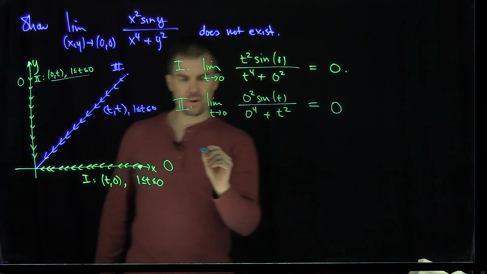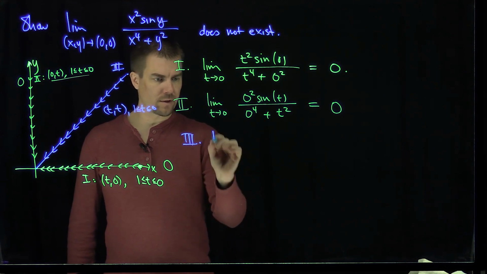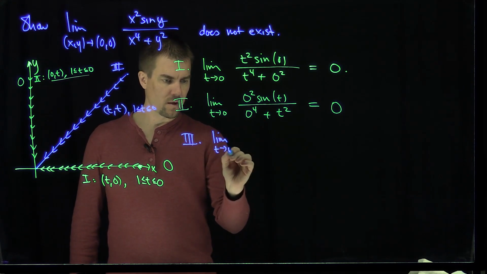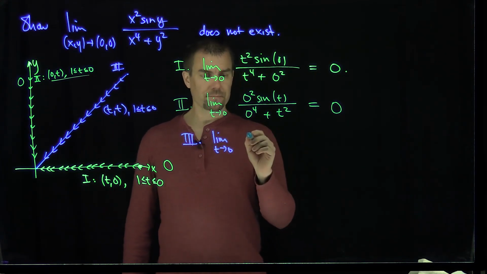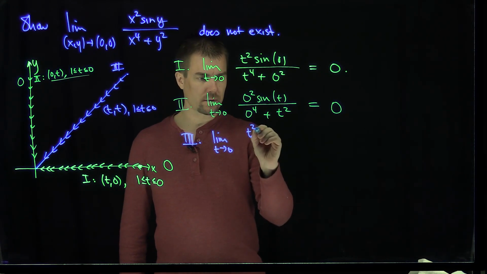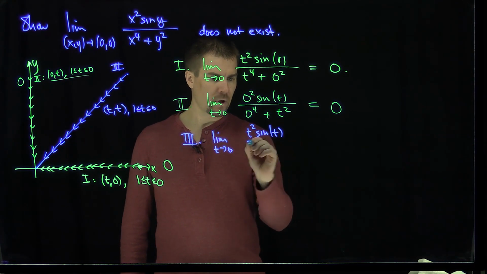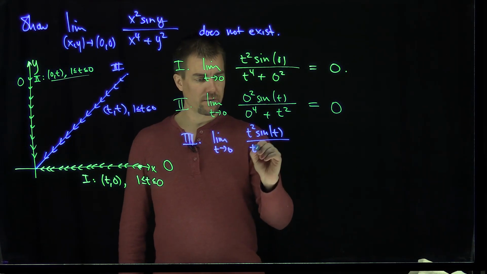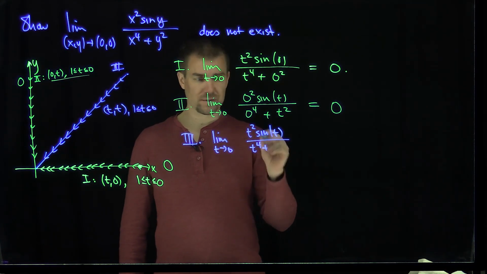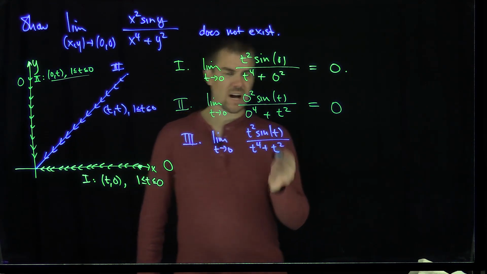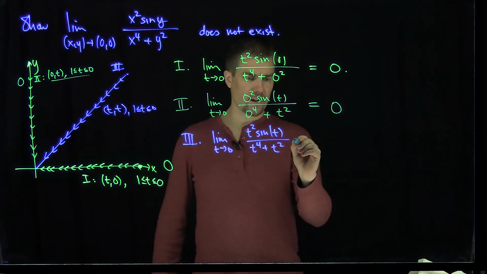All right, so along trajectory number three, we get the limit as t goes to 0 of t squared sine t, all divided by t to the fourth power plus t squared. Now there's a common factor of t squared. Let's cancel that out.